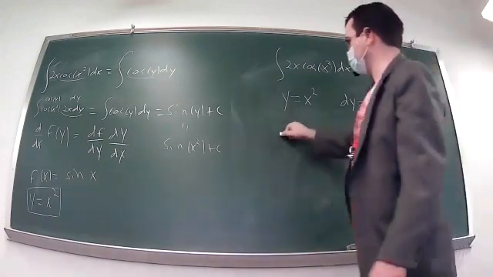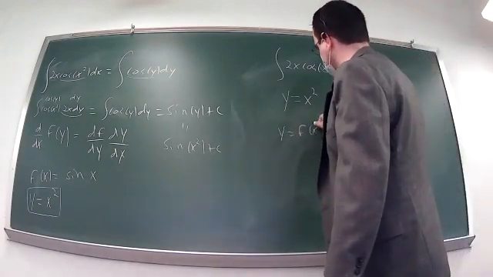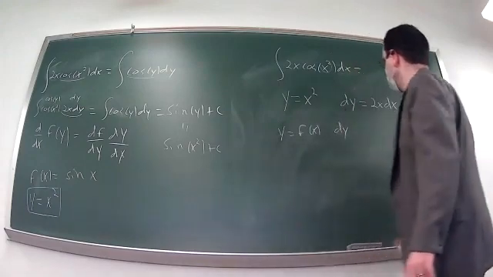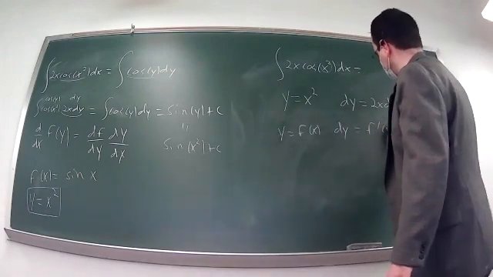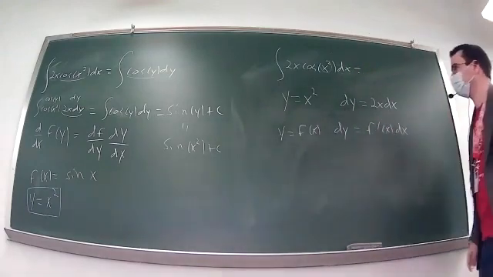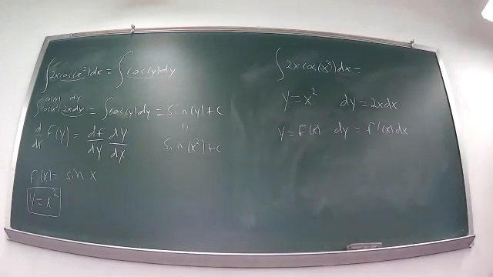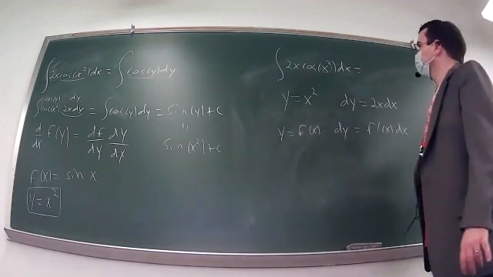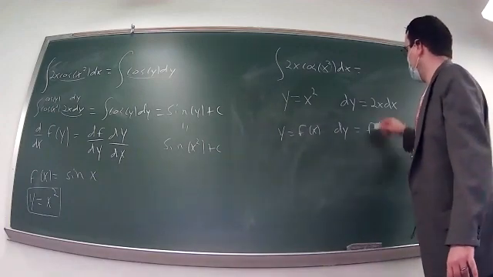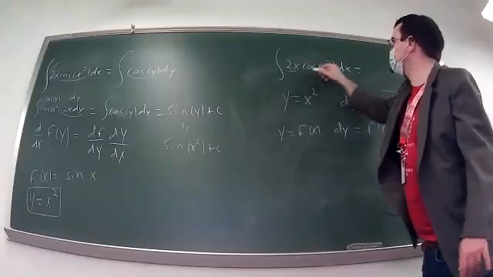So in general, if y is equal to f of x, you might write dy equals f prime of x dx. And then you say, oh, wow, 2x dx also appears here.